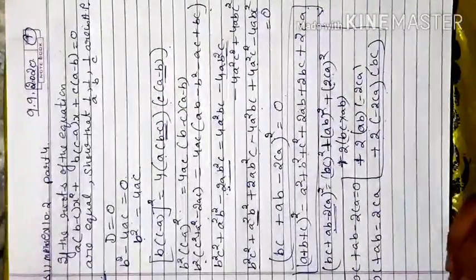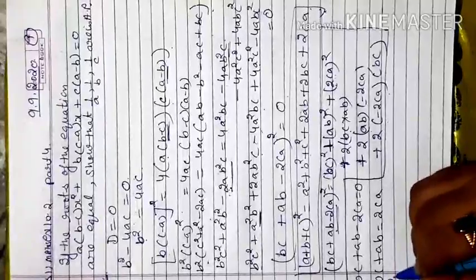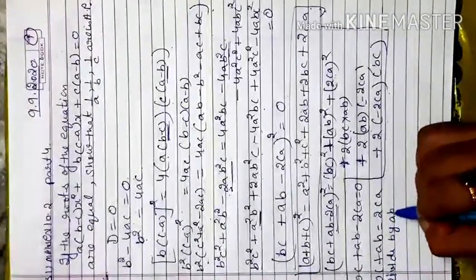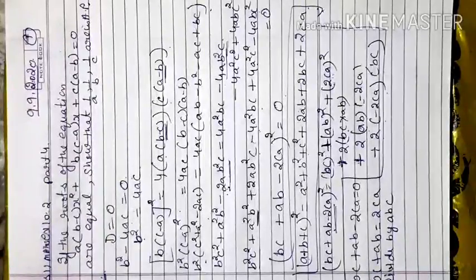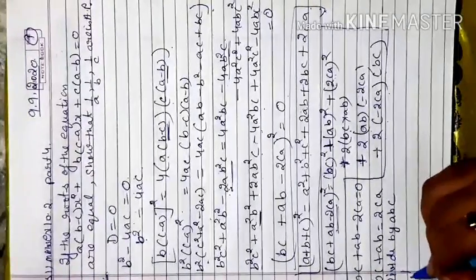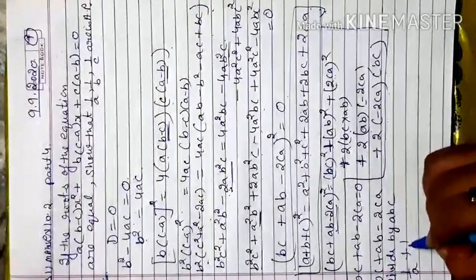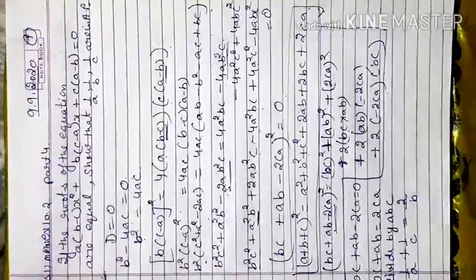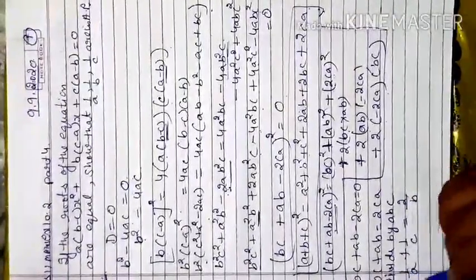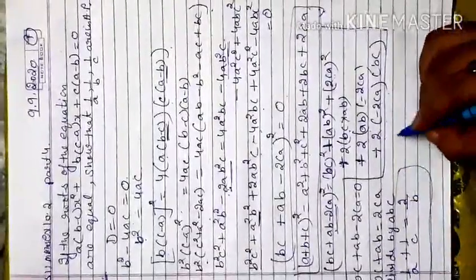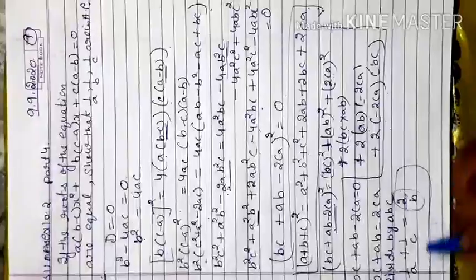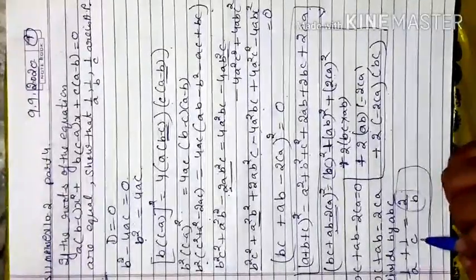So I divide both sides by abc. When I divide all three terms by abc, 1 by a is left here, 1 by c is left here, and 2 by b is left here. So if you look at these terms, 2 times the middle term is equal to the first term and the third term. That is a rule.